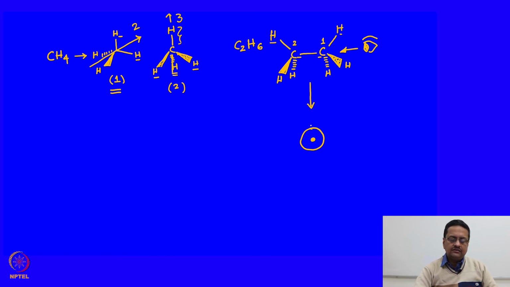So, when we are trying to see this molecule from the right hand side, the front carbon has one hydrogen upwards, one hydrogen to the right and the other hydrogen to the left. Similarly, the back carbon has one hydrogen down here and one hydrogen down on the left hand side. So, this is called the Newman projection.